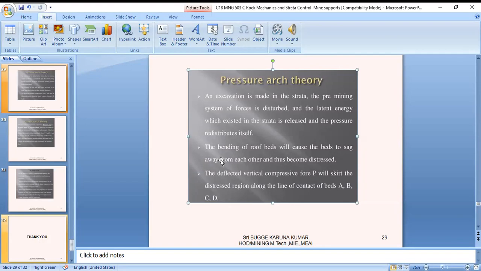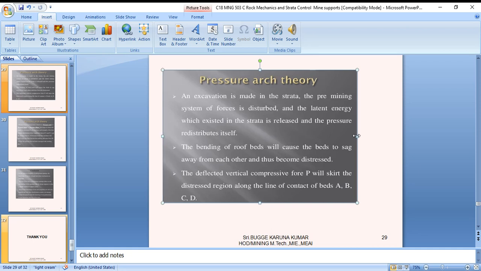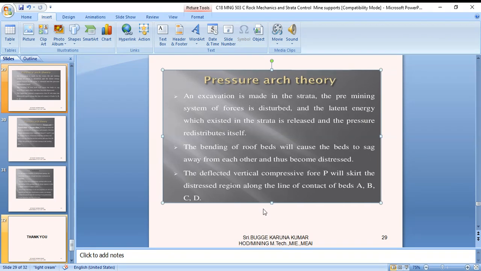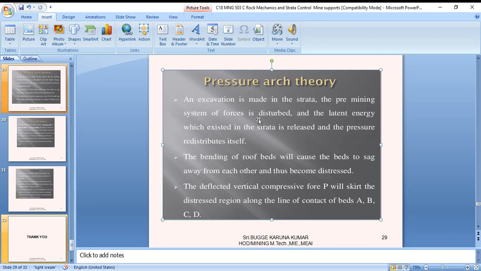Some more phenomena are also there. When the excavation is made in the strata, the pre-mining system of forces is disturbed, and the latent energy stored in the strata is released, and the pressure redistributes itself.